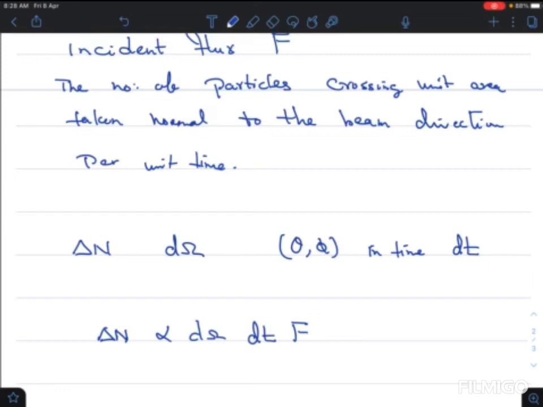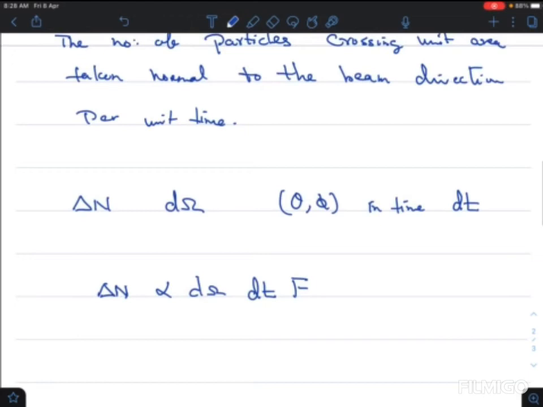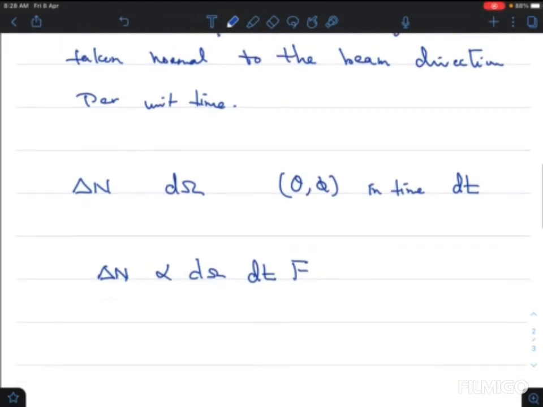Now this proportionality factor can be replaced by the differential scattering cross section, which we denote by d sigma by d omega. And this cross section is dependent on theta and phi.